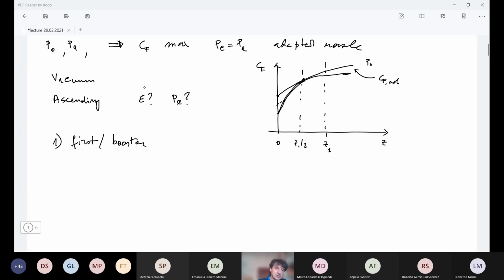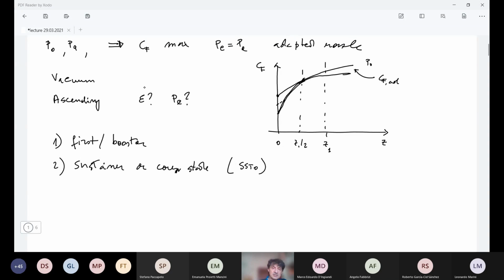And another application is that of sustainer or core stage, or ideally a stage of an ideal single stage to orbit launcher, that is operating all along the trajectory.